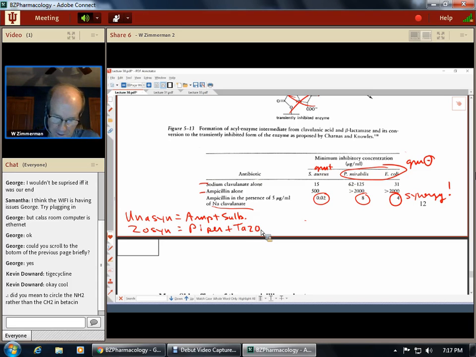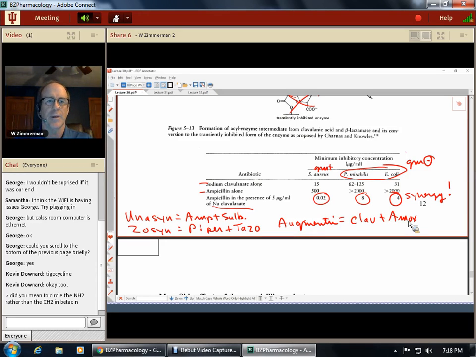And of course, Augmentin is clavulanic acid plus amoxicillin. But in each of these cases, what we get is a much better extension of the spectrum. And because of that, much better indication coverage. Augmentin will cover a whole lot more than just amoxicillin.